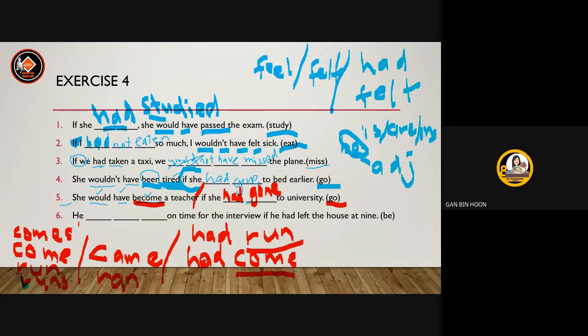Okay, next. He dash dash dash on time for the interview. So this is the if clause. If he had left the house at 9 o'clock, he would have... So sekarang dia bagi the verb to be. So what answer? He would not.